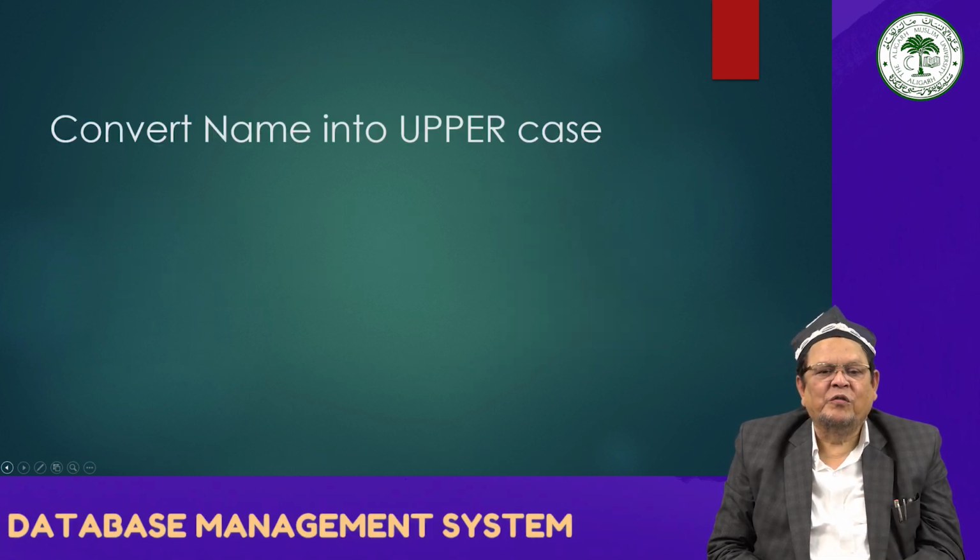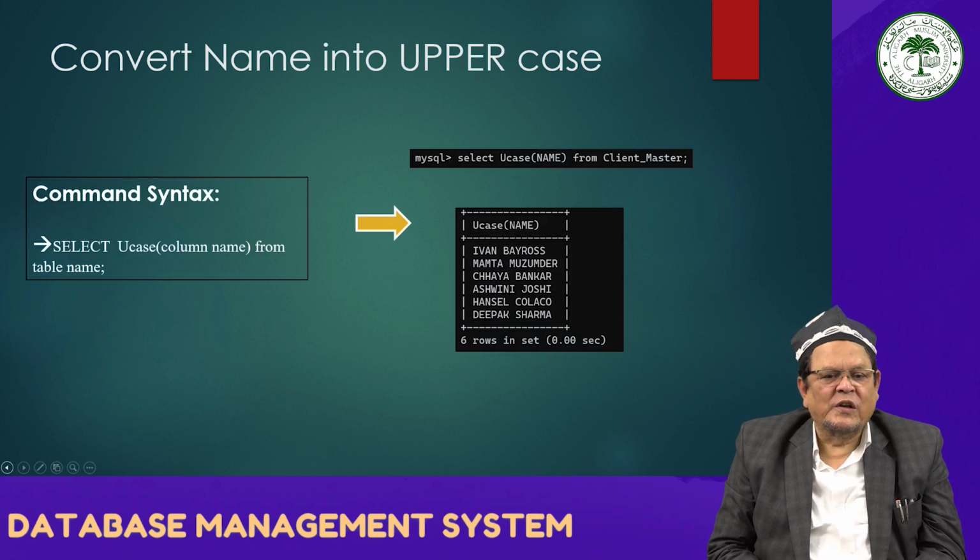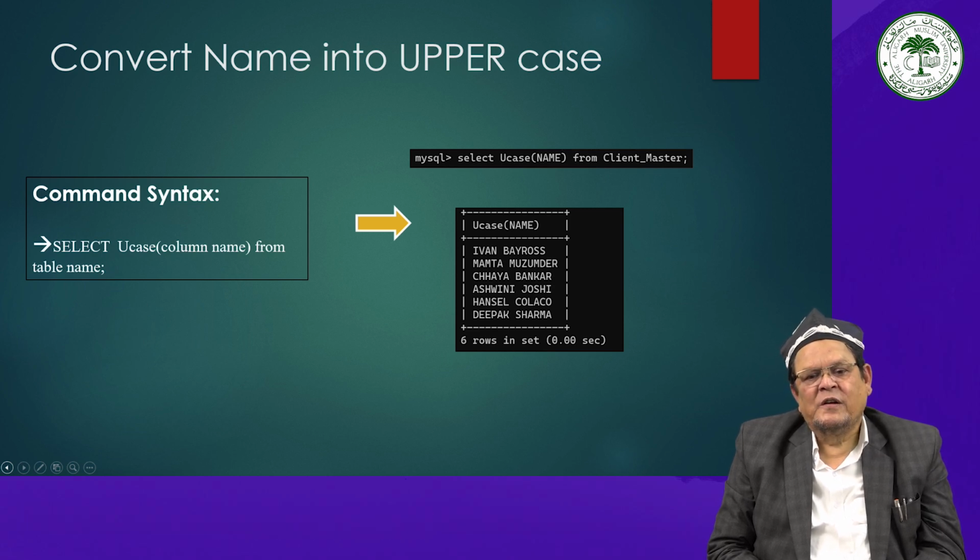In the same way, if you want to convert the name into uppercase, you write select ucase, U means upper, L for lower, column name from the table name. In MySQL, select ucase, within parentheses put the attribute name, from client master.